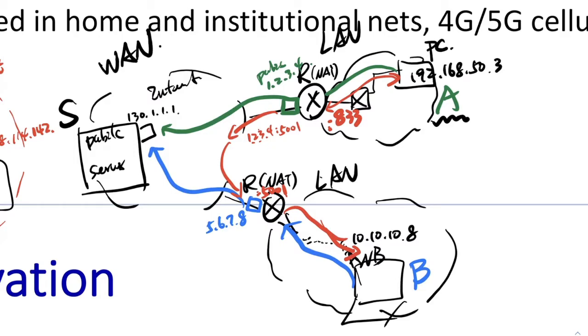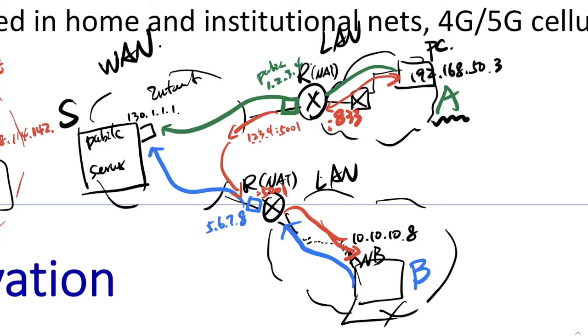But right now, NAT is a very popular and very useful mechanism in your home network. Basically, every home network, no matter whether you use ADSL or cable, has a private network.